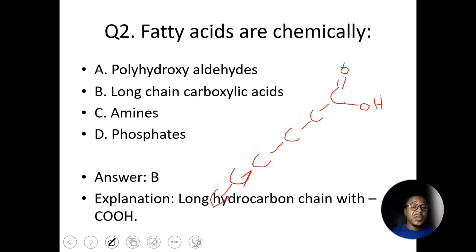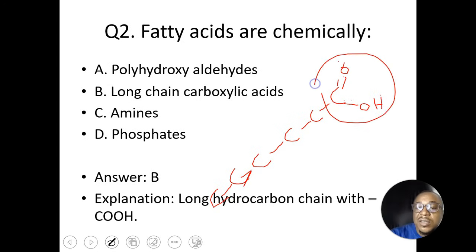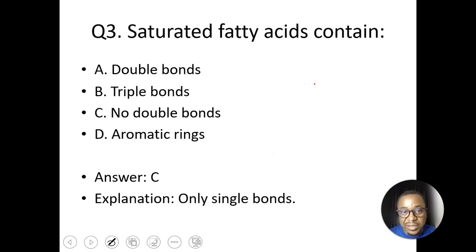Usually you can see them start from 4, 6, 8, 10, 12, up to 30. So they are long chain carboxylic acids. Whenever I say molecule like this, I know that it's actually a fatty acid.